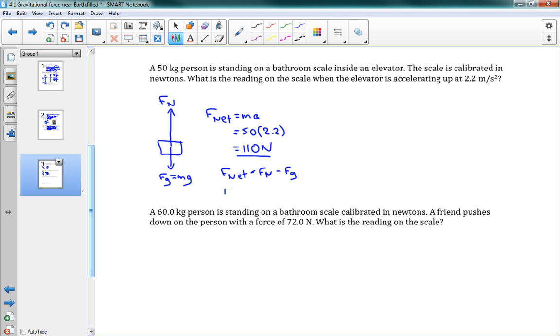Okay, so we can say 110 newtons, that's equal to my normal force minus mg, which is 50 times 9.8. So if I want to then solve for normal force, we have normal force is equal to 110 plus 50 times 9.8. And the end result there gives me a normal force of 600 newtons. And there we go. That tells us what the reading on the bathroom scale would be.